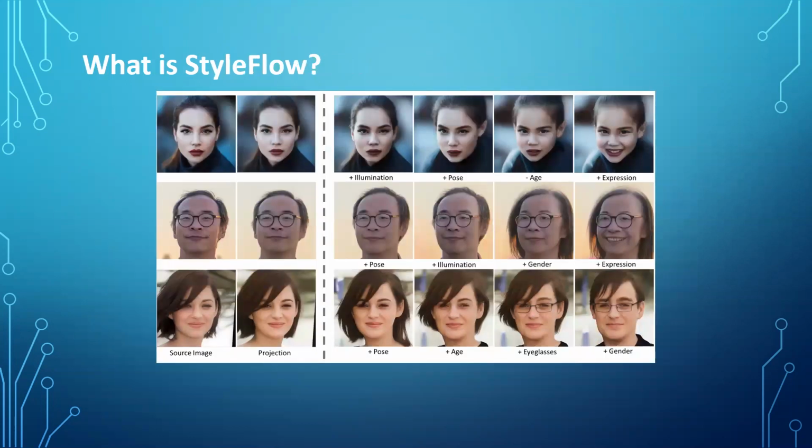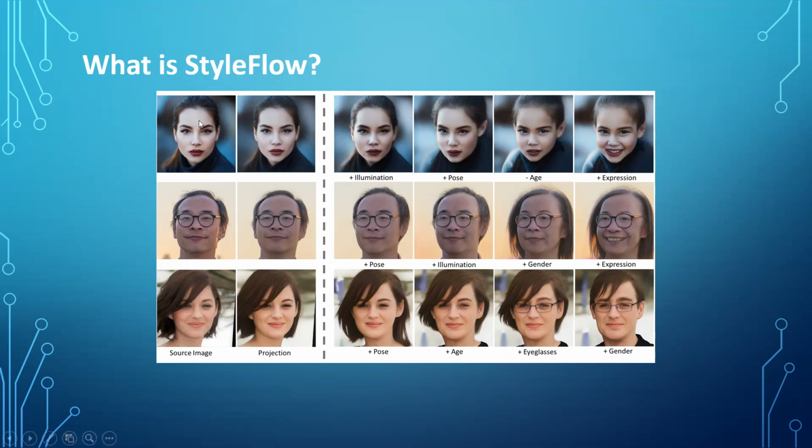Now comes StyleFlow. In StyleGAN, you could use two images as inputs, and it combines them. So you don't have control to change one particular style for one particular image only. In StyleFlow, you are able to use just one image and then change the lighting, the pose, the age, gender, expression, and add glasses, baldness, facial hair, anything, just using one image.